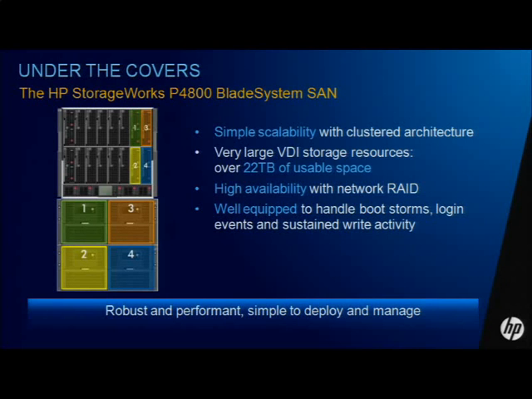So we've got 22 terabytes of usable space on this box, and we've got RAID 5 from the array controller, but the ability to use the SAN IQ software to copy blocks 2, 3, or 4 times. You pay a penalty for that, but we've got high availability built in.